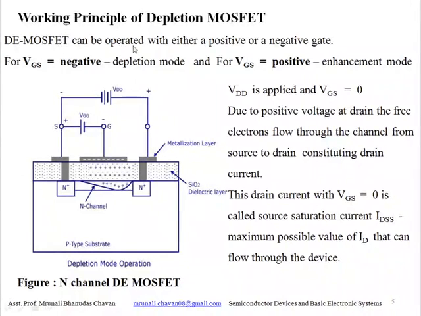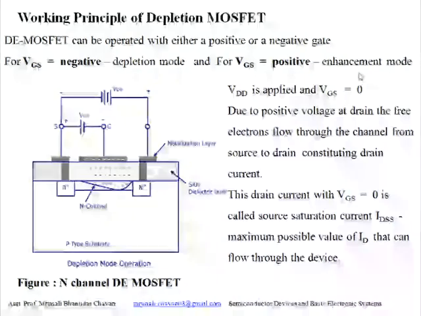The DE MOSFET can be operated with either a positive or a negative gate voltage. For VGS negative, if we apply the gate to source voltage negative, then this MOSFET will operate in the depletion mode, and for VGS positive, it will operate in its enhancement mode.